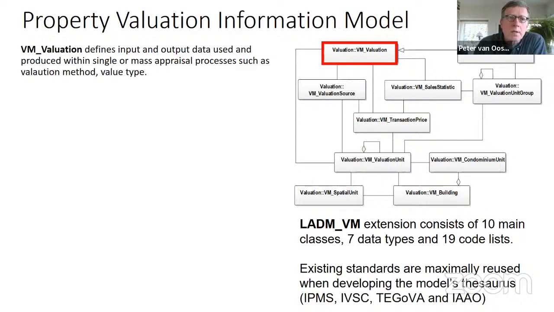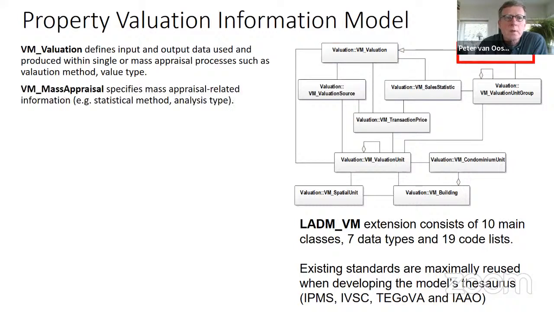The core class here is VM valuation, and that defines what input data and output data is used to produce either the single or the mass appraisal values, what method is used, and how the values are computed.